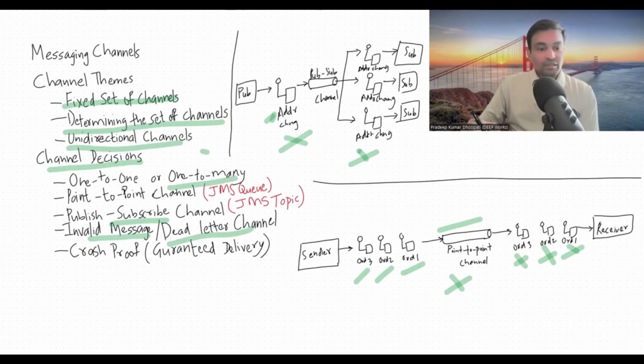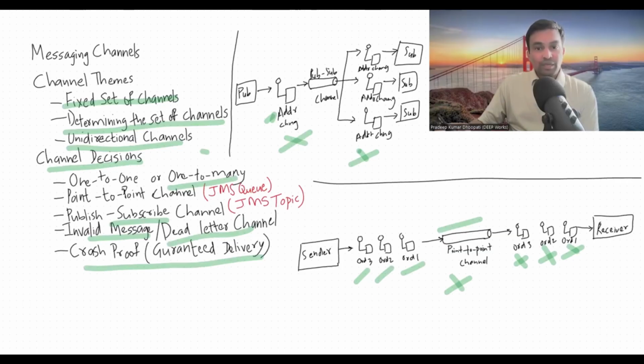The last topic I would like to cover is crash proof or guaranteed delivery. In general, a message channel will only have the messages in its memory. So when any crash or shutdown for maintenance of the messaging system happens, then when the messaging system is back online, the channel will not hold the messages which were previously present.